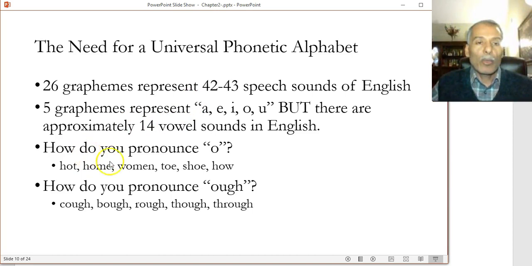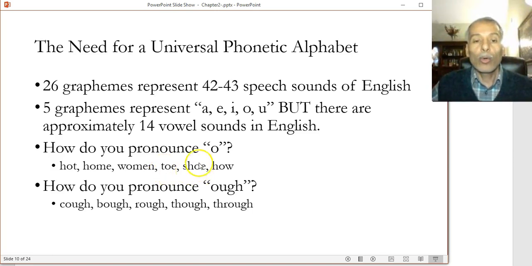These again are examples of why we need the International Phonetic Alphabet. When you have O, for example, written, you look and see how many ways the same letter is pronounced. So we have it here as in hot, and then O in home, and then woman, and then O in toe, and then shoe.